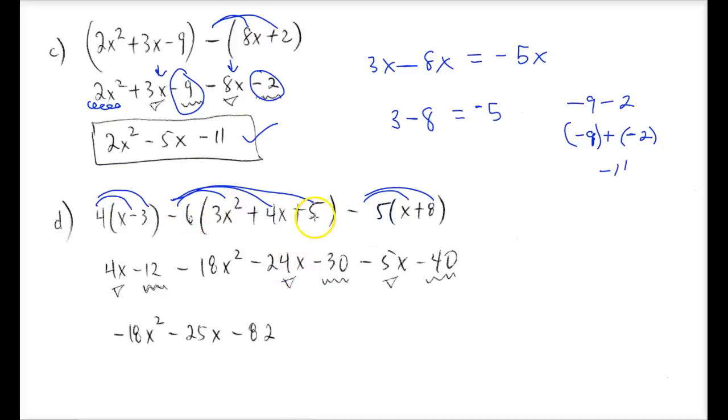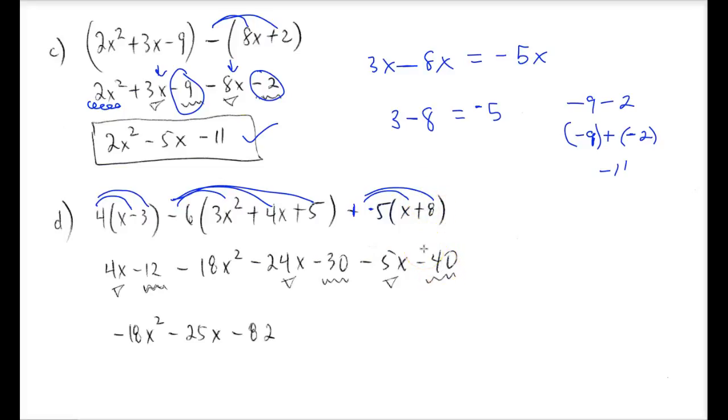And a -6 times 5 is a -30. And then, of course, here we have the -5, and we're sort of translating it to be like this. So we have -5 times x is a -5x, and a -5 times a +8 is a -40.